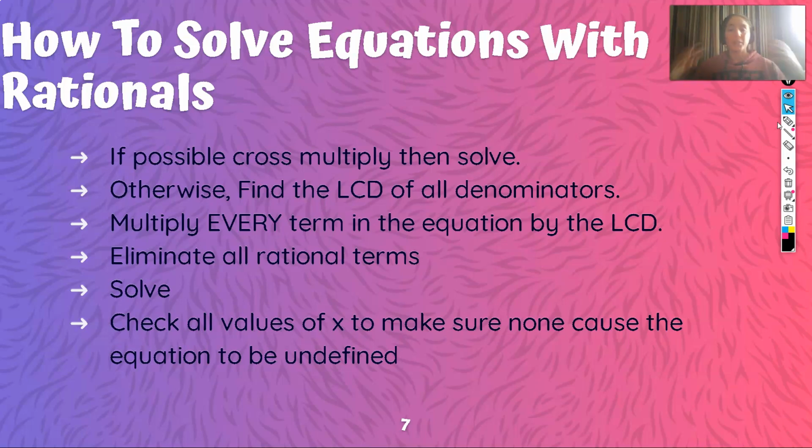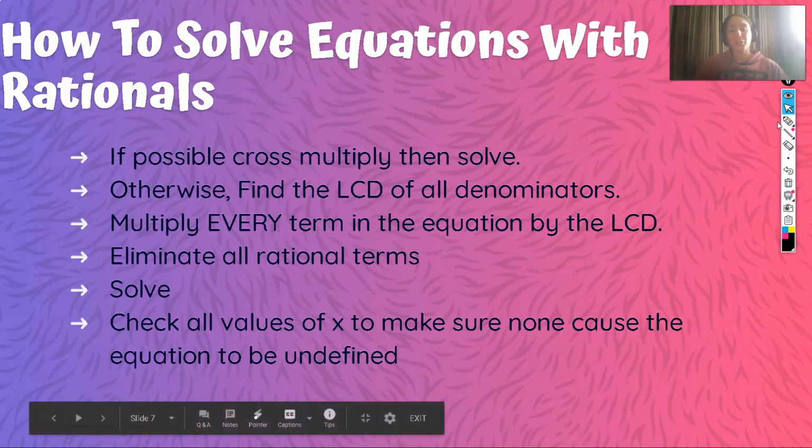Once we have the LCD, our next step is to multiply every term in the equation by the LCD. And as we saw, that blows out all the denominators, and we're left with something we know how to solve, a linear, a quadratic, a polynomial equation. So that eliminates all the rational terms, and then we solve.